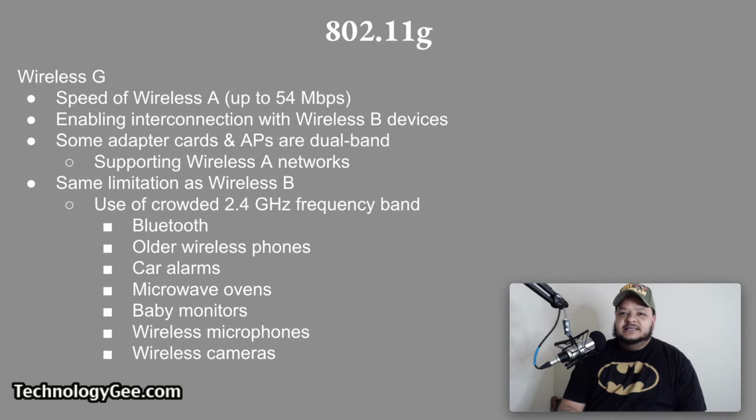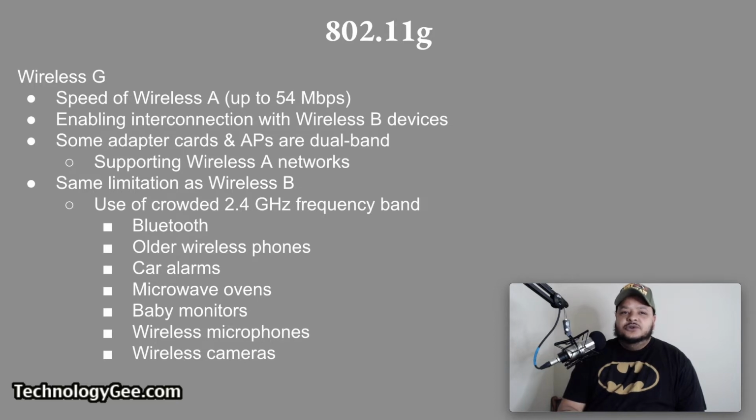Wireless G has the same limitations as Wireless B due to the use of the crowded 2.4 gigahertz frequency band. The 2.4 gigahertz frequency band is used by other devices as well, which is why it is referred to as crowded. Some of those devices are Bluetooth devices, some older wireless phones, car alarm sensors, microwave ovens, some types of wireless cameras, some types of wireless microphones, and baby monitors.